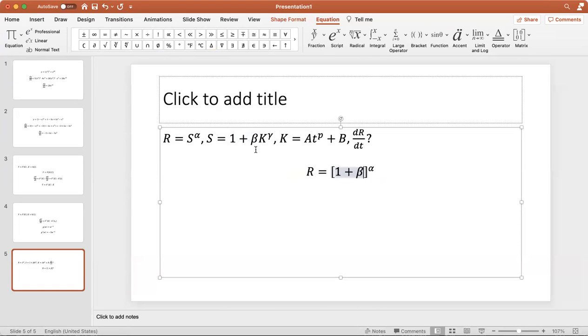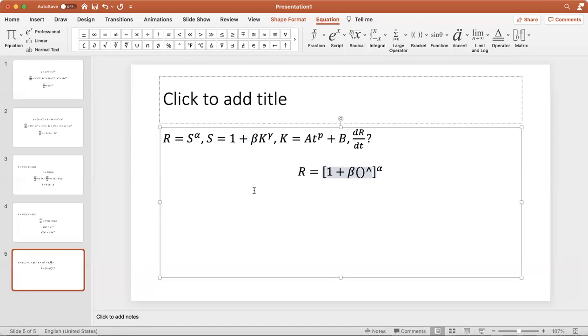But we know that K is also a function of t, so that's going to be beta raised to some parenthetical function raised to gamma. That's the thing about this software, it's difficult to work around with the formulas.